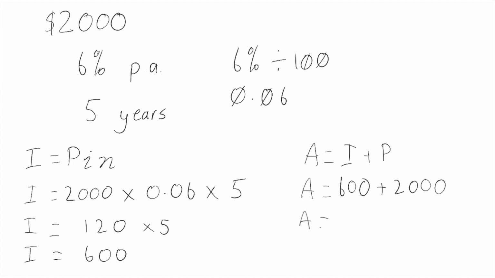So our total amount will be 2,600. That is simple interest. If you can recognize where the principal is, the interest rate, and the length of time of the loan in years, then you multiply all three values together, you get your interest.